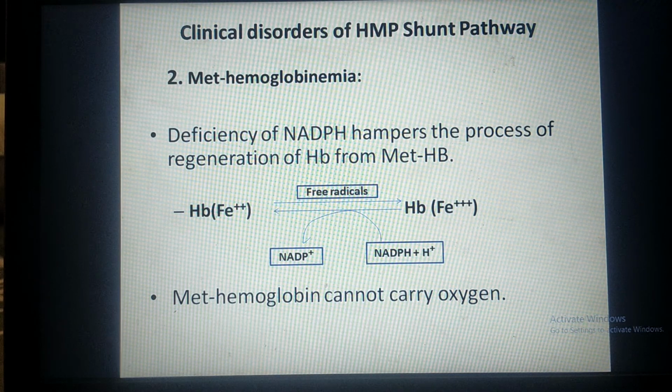So in G6PD deficiency the NADPH concentration is low, so reconversion of methemoglobin to hemoglobin is at a lower rate compared to its formation. The backward reaction is at a lower rate than the forward reaction, so methemoglobin accumulates and the person will have methemoglobinemia.